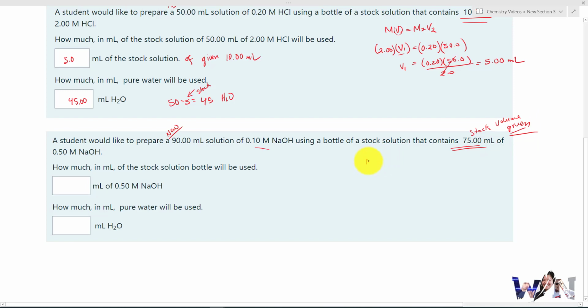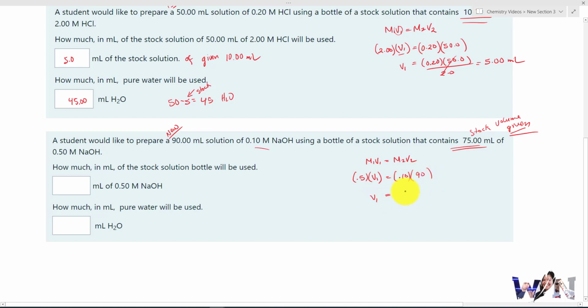So let's go back to the equation M1 V1 equals M2 V2. Again, we are trying to solve for V1. We don't know how much we are going to use, but we know that the concentration is 0.5 molarity. In this case, we want to make a new solution with a concentration of 0.1, and we want the volume to be 90 milliliters.